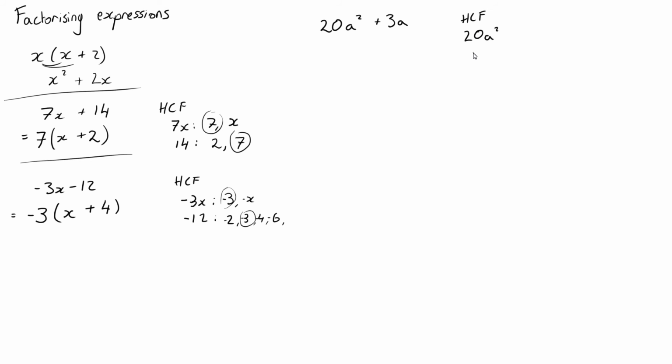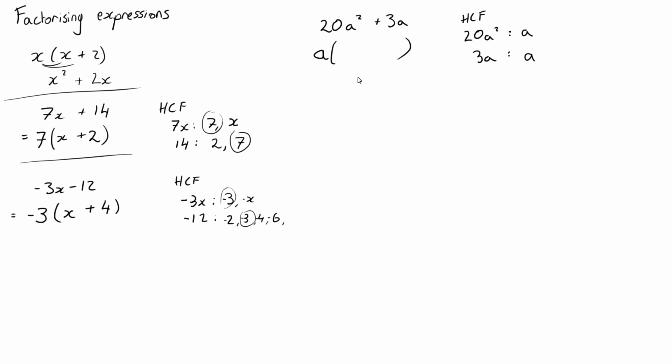The factors of 20, you've got 5 and 4, 10 and 2, but the factors of 3, it's just going to be 3. So there isn't actually any common factors between 20 and 3, so we're just going to ignore those for a moment. But for a squared, the factor is a. A is in both of those. So our highest common factor between them is just a.